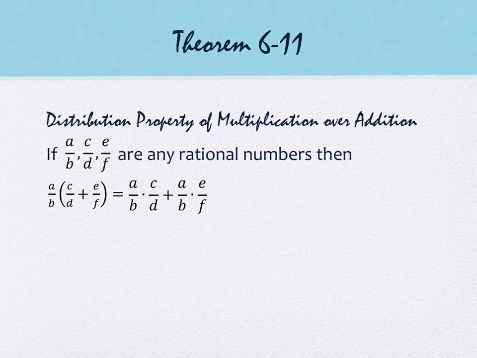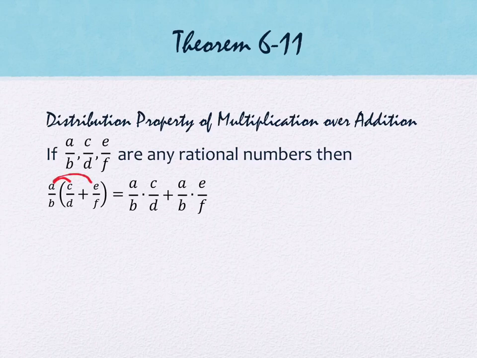Theorem 611 talks about some different properties that show up in equations and inequalities, primarily. The first one's called the distributive property of multiplication over addition. So if you have a over b, c over d, e over f, all rational numbers, and you're multiplying a over b through the c over d plus e over f, it works just like it would work with whole numbers and everything else.